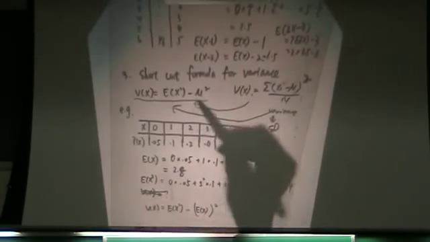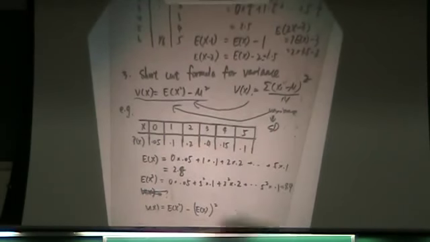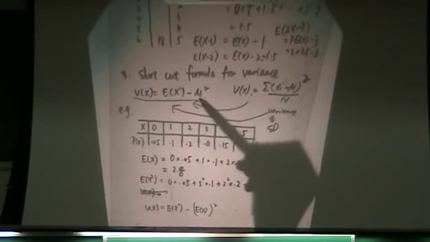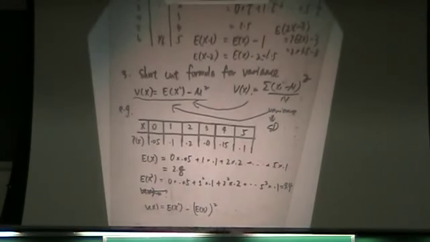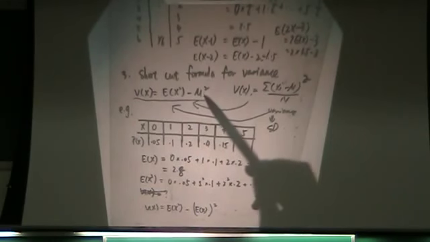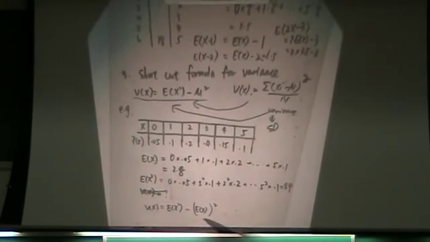The E[X] here is the same as mu. They are equivalent. As we talked about before, in the previous one, there are several equivalent terms, like mean and expected value. They are the same. Here mu is the same as the expected value of X.